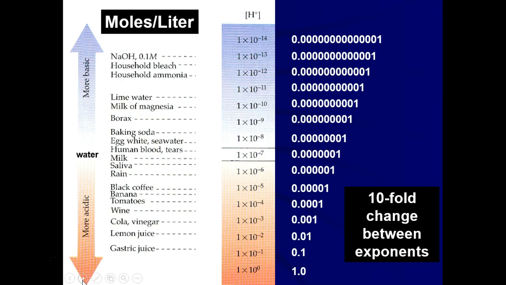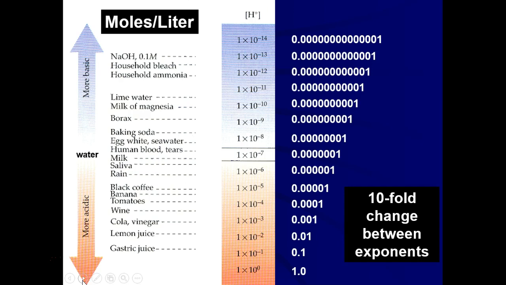We could say it's tap water, spring water, or distilled water. Water has a concentration of 10 to the minus 7th moles per liter. So I have it written out both ways, scientific notation and then just a straight decimal.